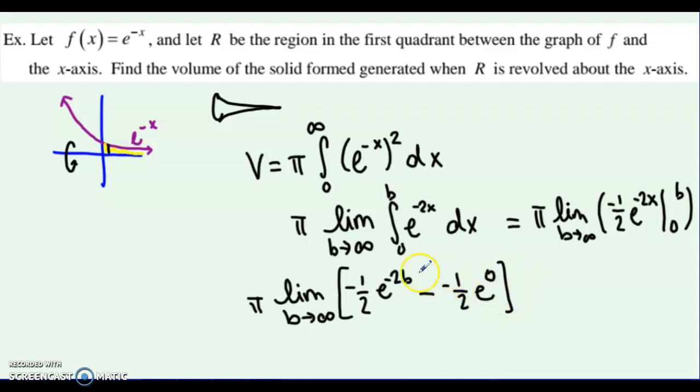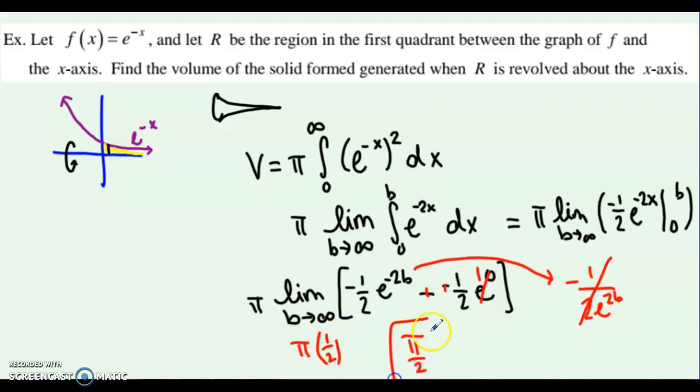And we can write e to the negative 2b, as we're thinking about it, as negative 1 over 2 e to the 2b. So what's going to happen to that as we go to infinity? That's going to go to 0. This goes to 1, and we've just got plus a positive 1/2. So we've got pi times a half, which is just pi halves.